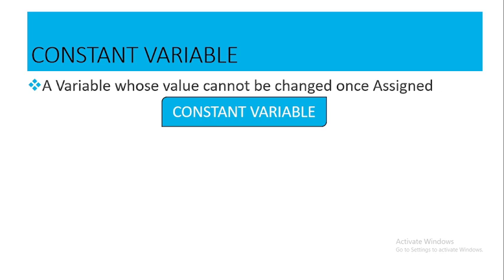So when we create such a container or a variable, that particular variable is termed as a constant variable. So constant variables do not change their values, and then we cannot change their values once they are assigned.